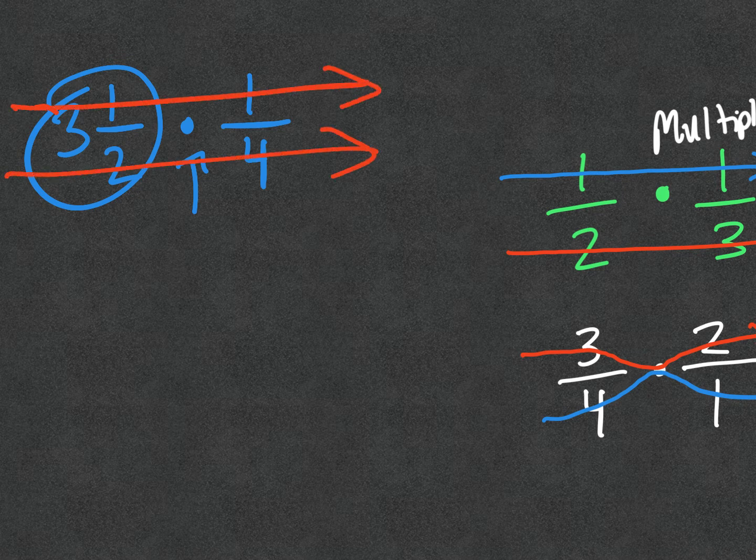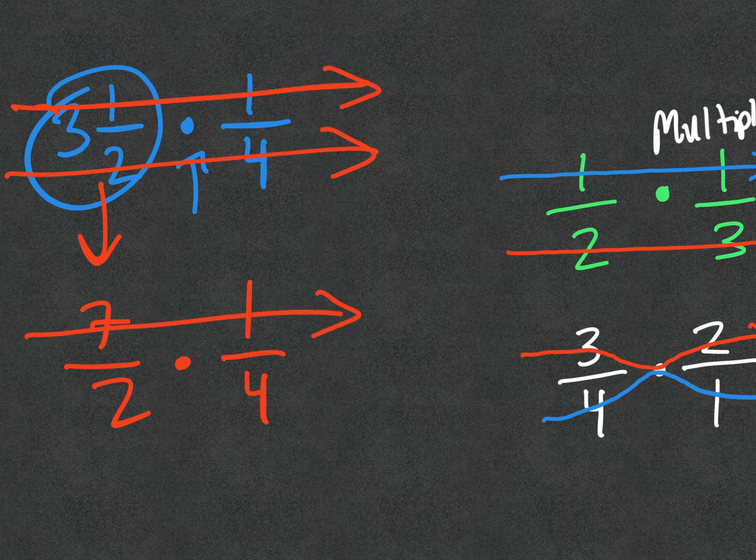So I would turn this 3 1/2 into an improper fraction, and then multiply like that. Then it's just straight across.